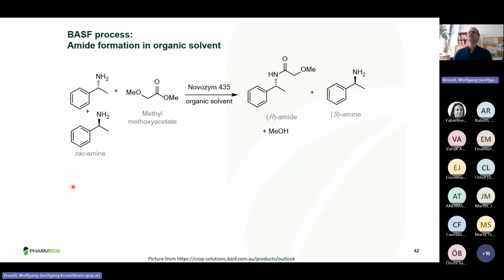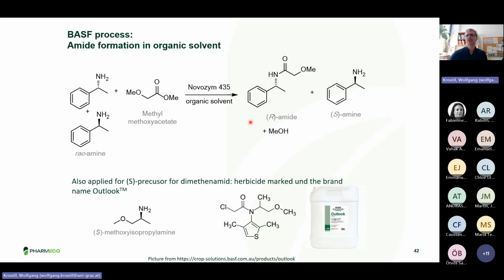I show you on one slide just one process for amidation actually done on large scale. It starts from an ester, making an amide in an organic solvent. So that is what is state of the art.